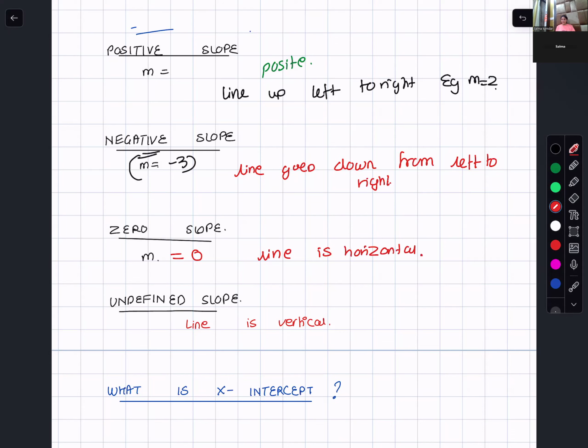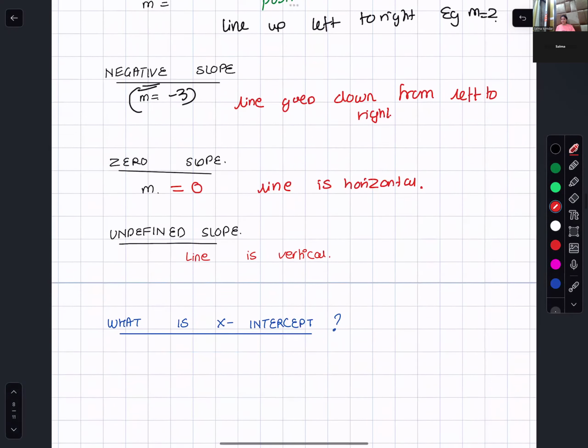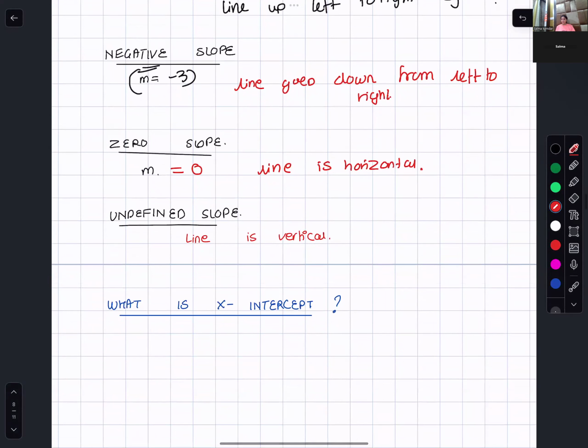And if I have an undefined slope, the line is vertical. If the line is horizontal, m is 0, there is no slope. And if it is vertical, it is an undefined slope.